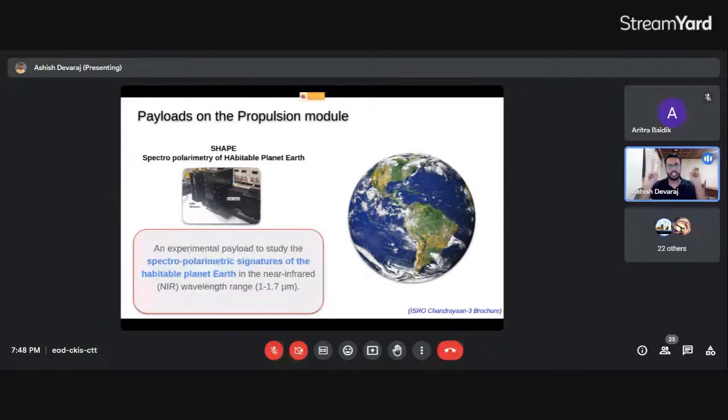Similarly, this can be extrapolated. If you are looking at some other planet around some other star, you can look for these particular signatures there and draw inferences that it might be an Earth-like planet, or that there may be life. So this payload is kind of interesting.